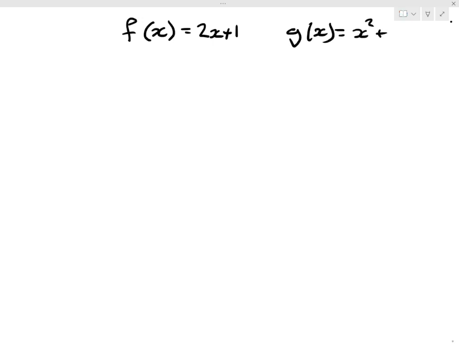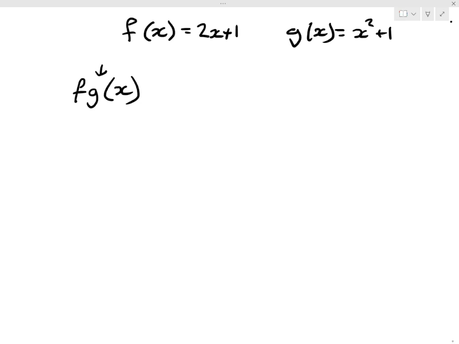Now functions get a little bit more complicated. We can have f(x) equals 2x plus 1 again, and this time we're going to have a g, so g(x) equals x squared plus 1. So we've got two functions. What we're going to find is a compound or double function. You always do the inside bit first.